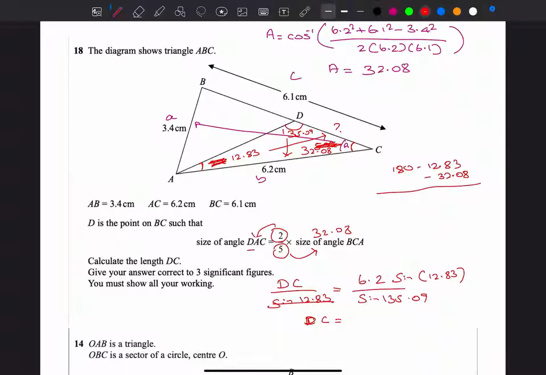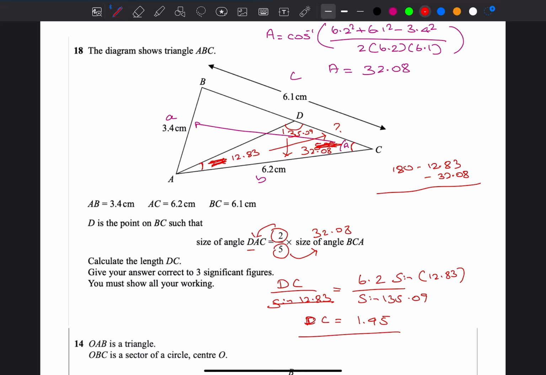DC works out to be 1.95 to 3 significant figures.